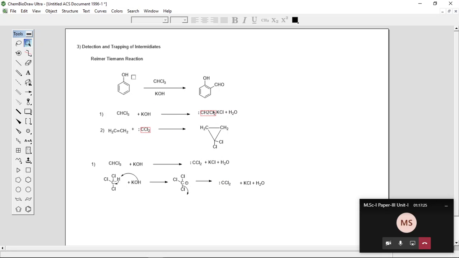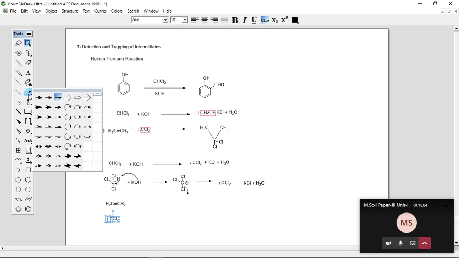The next step, you are reacting this ethene with CCl2, leading to the formation of a cyclopropyl ring. It is a concerted type of reaction. Carbene is an electron deficient species.